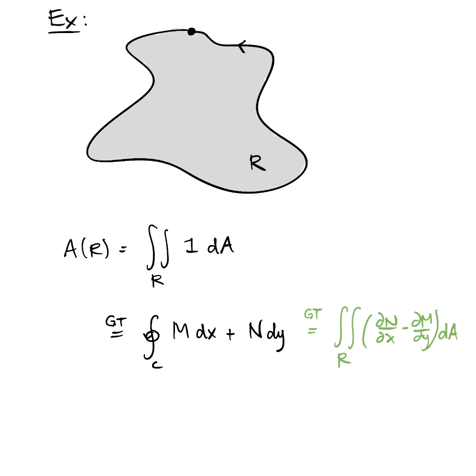Well, here's the thing. At the start of this problem, this was a chapter 15 problem, and no one mentioned a vector field. So you could bring a vector field to the table where it just so happens that dN/dx minus dM/dy comes out to 1.